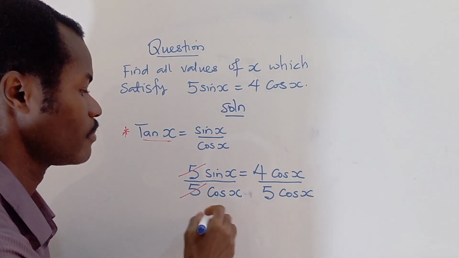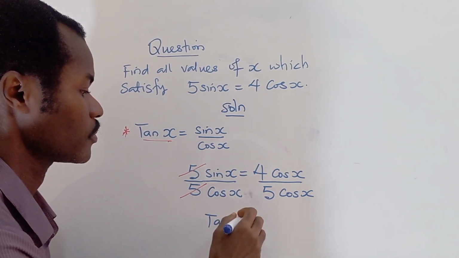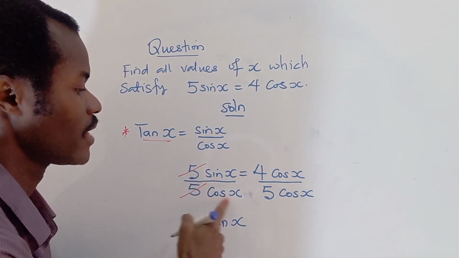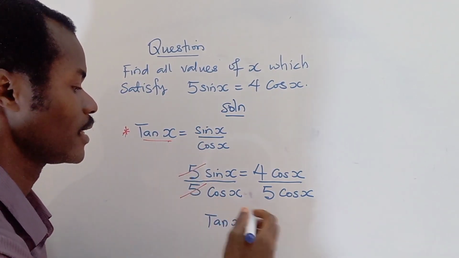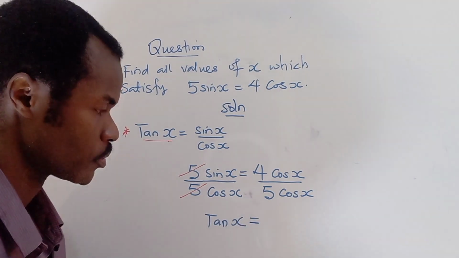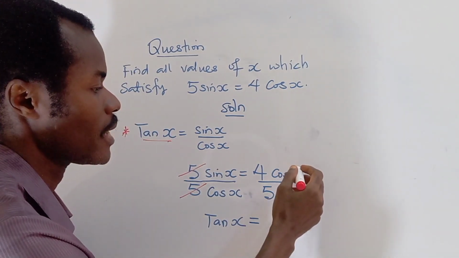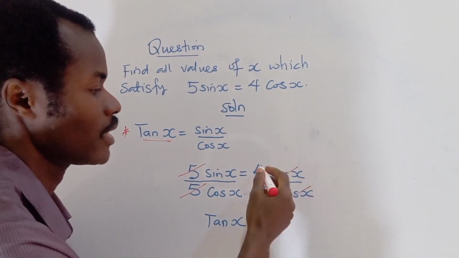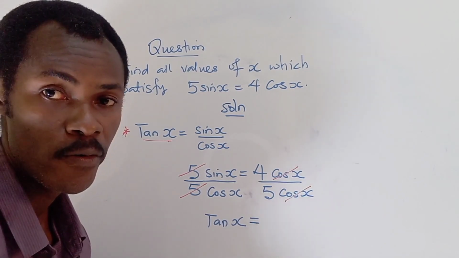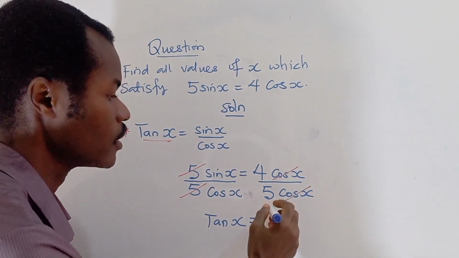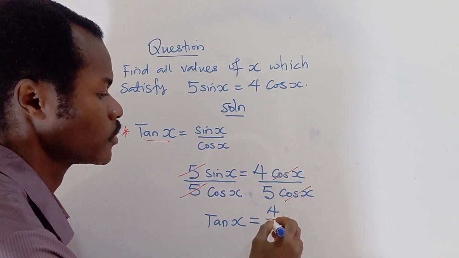So I have my tan x, because sine x divided by cos x is tan x, and it is going to be equal to, what about the right hand side? My cos x can cancel cos x, so we are left with 4 over 5.